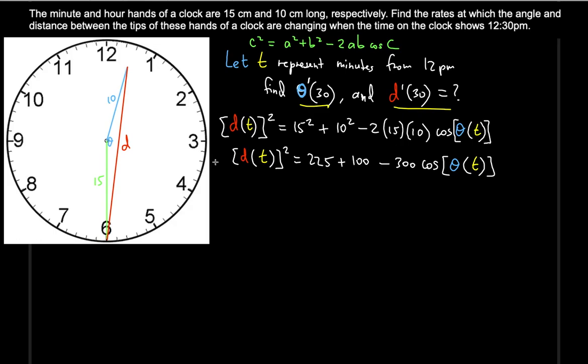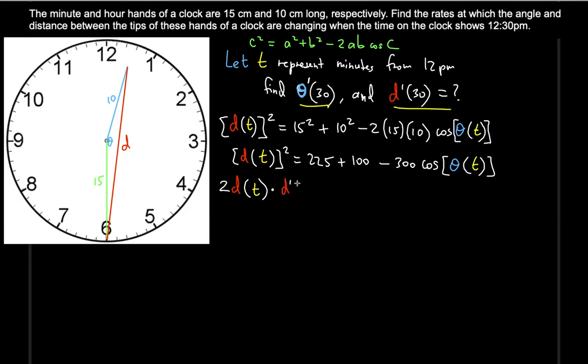So differentiating the left side, we would get what? We would get 2, right? Because the power rule says that the 2 comes down first, and then we're going to differentiate the inside. So the 2 d of t times the derivative of the inside, which is going to be d prime of t.